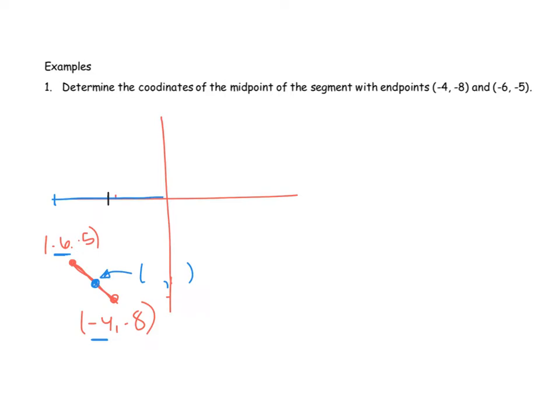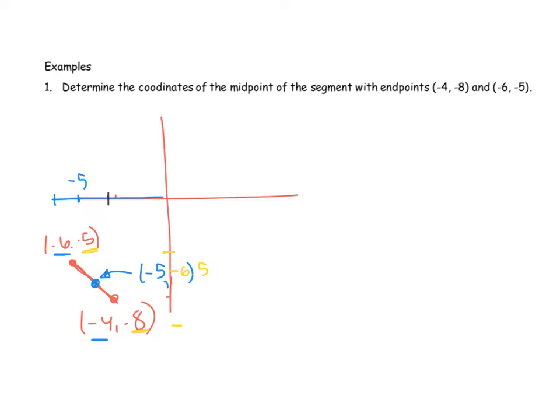So in this case, that number is -5. So we know that the x value of our coordinate is -5. We also need to find the number on the y-axis that is halfway between -5 and -8, which is -6.5. So we know that the y value is -6.5.